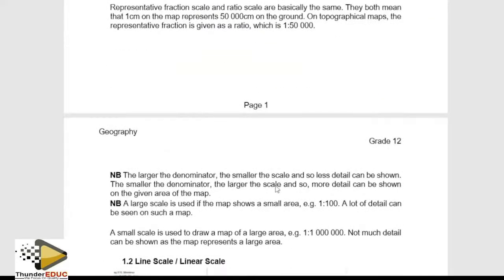However, this one will have more details than this. The larger the denominator, the smaller the scale, and the fewer details it can have. Meaning that this one has less detail compared to this one.